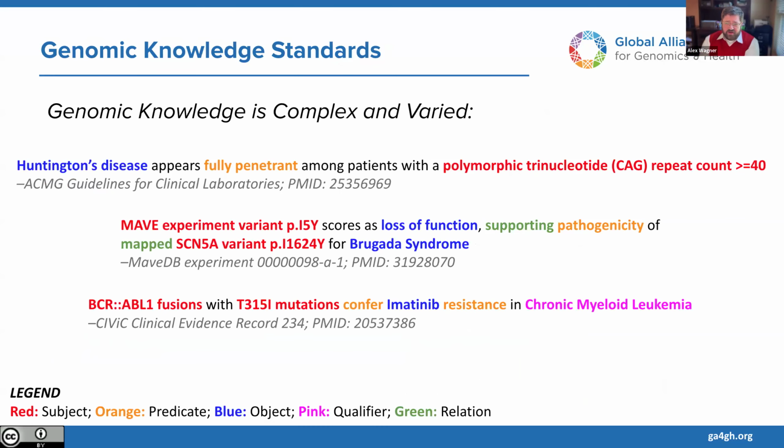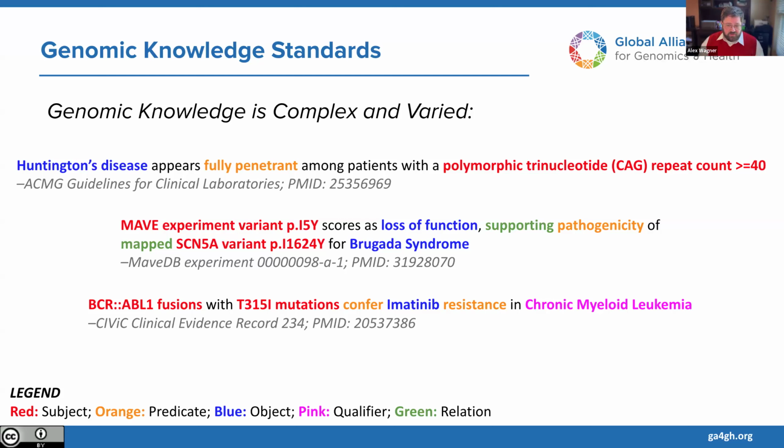When I talk about genomic knowledge, it's quite complex and varied, but it generally resembles these types of statements. Huntington's disease appears fully penetrant among patients with polymorphic trinucleotide CAG repeats with a count greater than or equal to 40. That's an example of a pathogenicity statement from the ACMG guidelines for clinical laboratories.